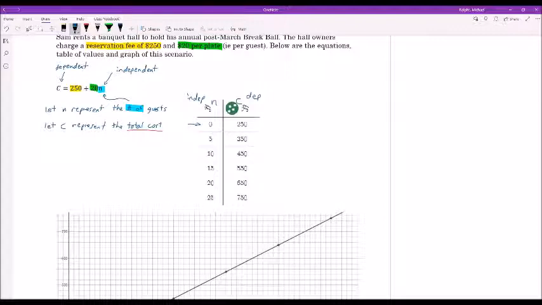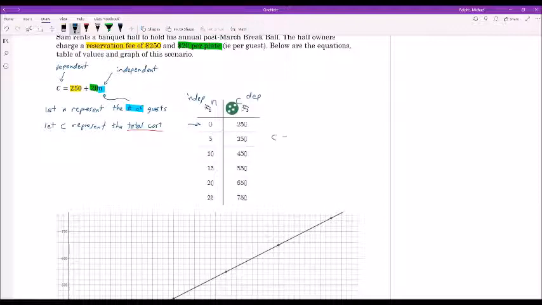Now each of these rows in the table is a different scenario.